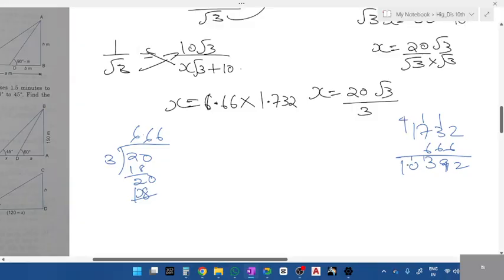Okay, did you get the first value as 10,392? First time when you multiply into 6? Is it same or different? 1732 into 6. 6 twos are 12, 6 sevens are 42, 43. 6 ones are 6, 10.